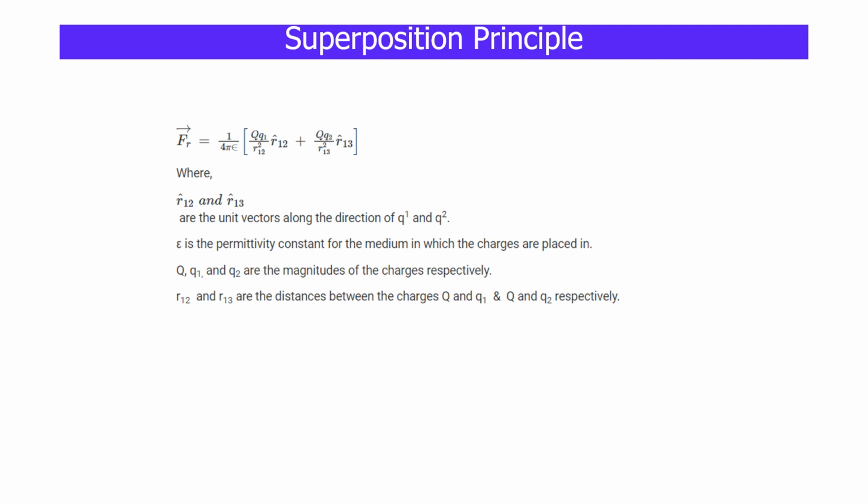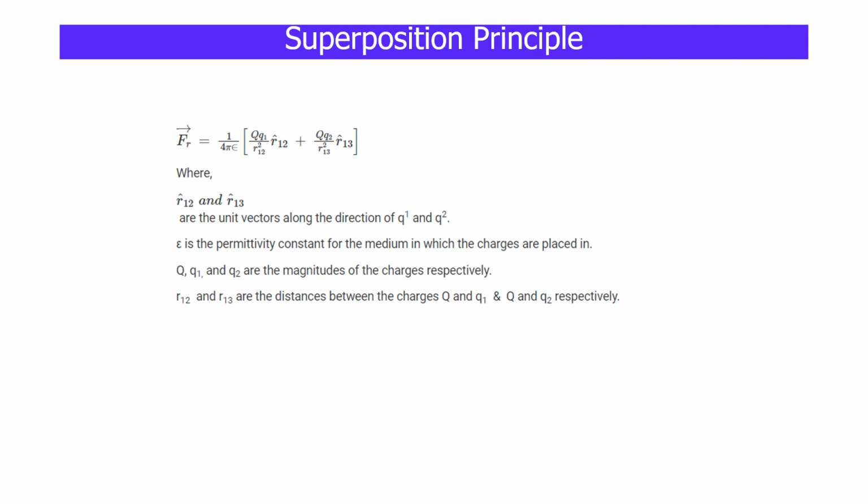If we mathematically represent the superposition principle for this example, the total force Fr is equal to 1 by 4 pi epsilon, capital Q into q1 divided by R12 square into R12 cap, that is the unit vector, plus capital Q into q2 divided by R13 square into the unit vector along the direction 13.